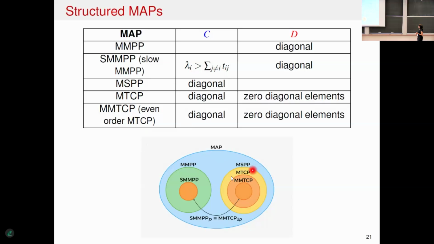Then for MSPP, I have a subclass MTCP, and then another subclass, the matched MTCP, the Markovian transition counting processes when the order is even. The first and second moments of these two are the same.